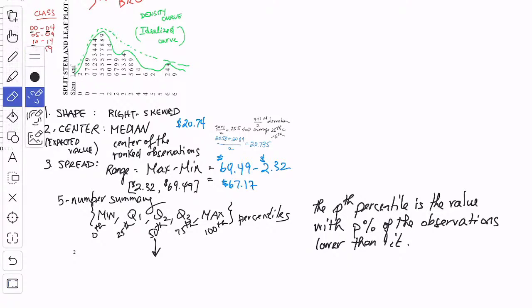It's known as the, well, 50% of the observations are below, 50% are above. This is the middle observation or the median. Okay, so the other word for median is 50th percentile or second quarter.